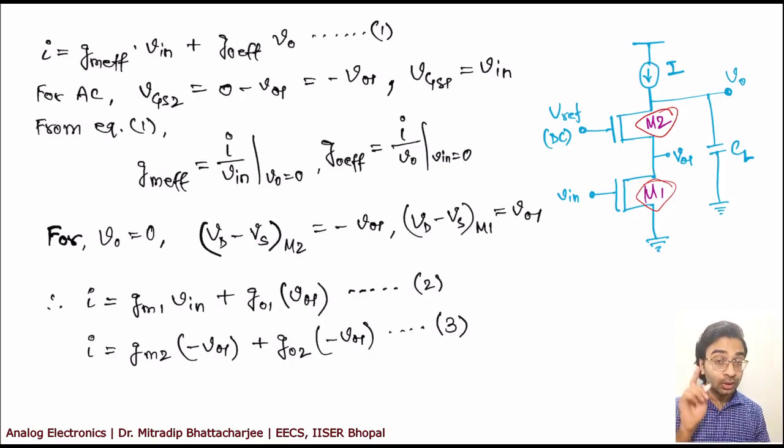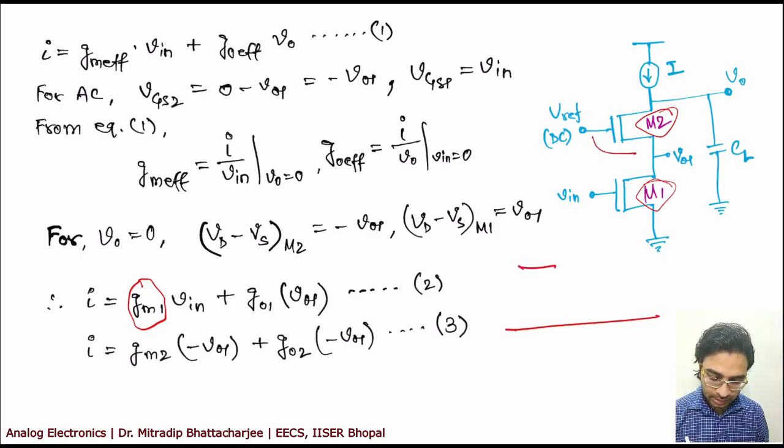Now you write down the separate equation for M1 and M2. What is your I value? Keep your equivalent circuit in mind. That will really help you in understanding this. What is the value of I in this case? I is GM1 into V in, where GM1 is the transconductance of MOSFET 1. V in is VGS, right?